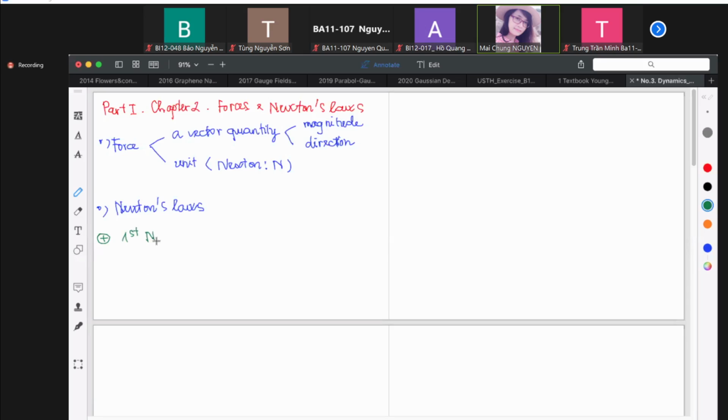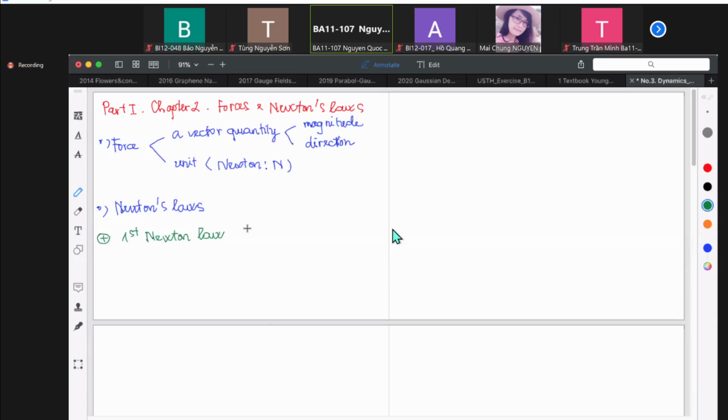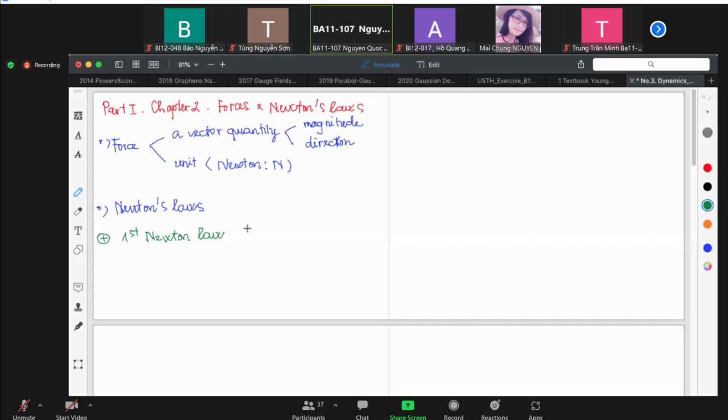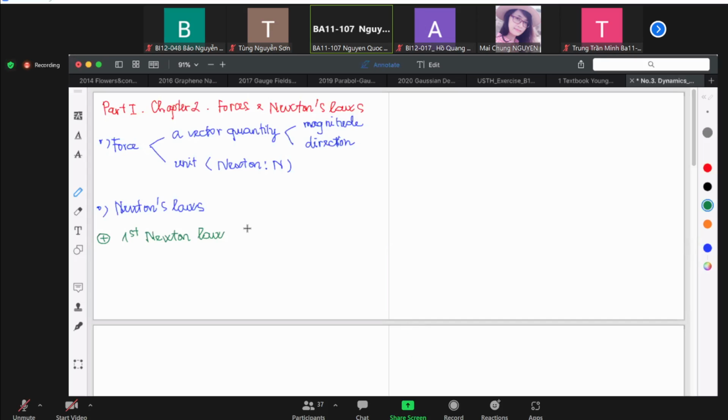How about the content of the first Newton law? The first Newton law states that if there is no net force on a body, it remains at rest if it is initially at rest, or moves in a straight line at a constant speed if it is in motion.